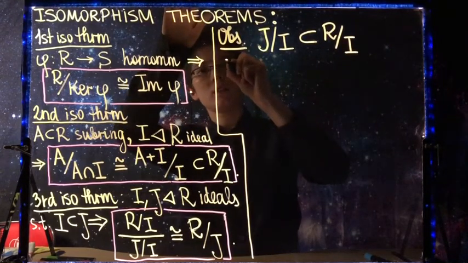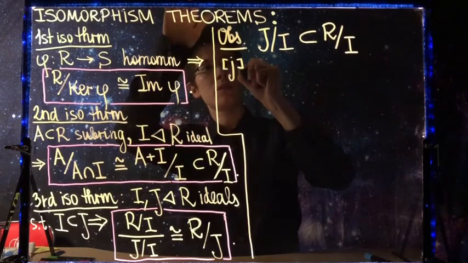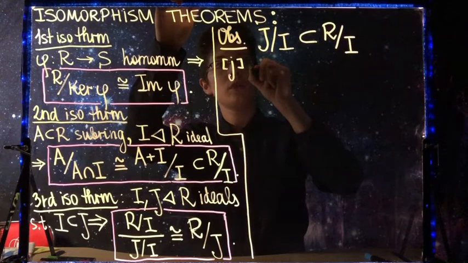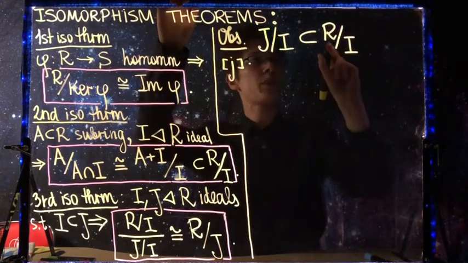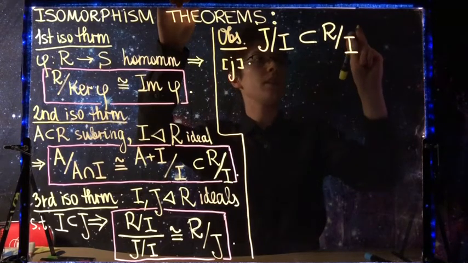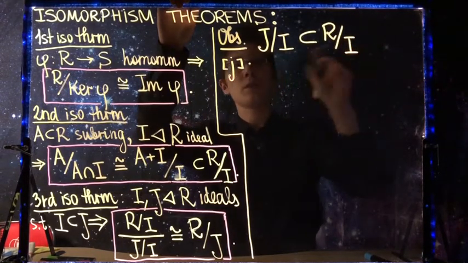Let us take a representative j inside this subgroup. Let us take an equivalence class inside this ring.